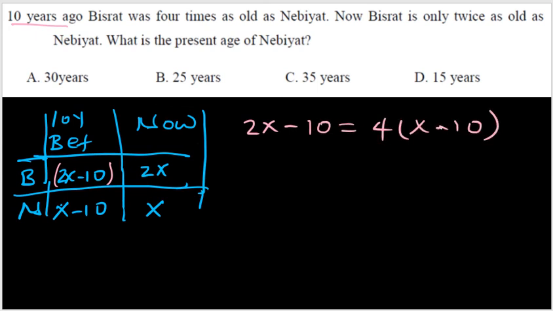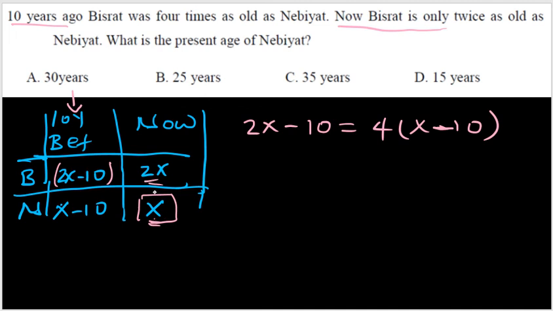Because the question, what does it say? 10 years ago, Busrat was 4 times as old as Nabiat. Means at that time, before 10 years, means under the first column as you see here. I start from here, the age this time. Nabiat age, if it is x, Busrat age is twice x, because the question says here, now Busrat is only twice as old as Nabiat. If the Nabiat age recently is x, Busrat age will be twice, 2x.